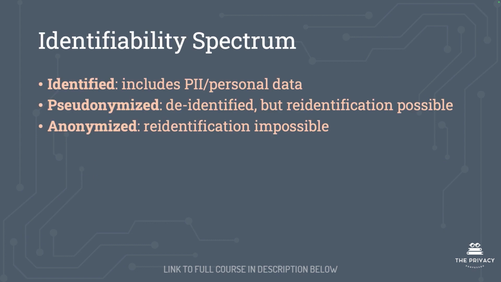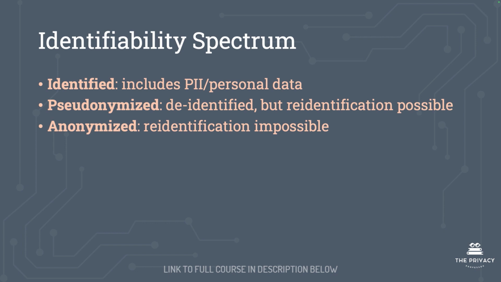In previous lectures, we've talked about the identifiability spectrum, and 3 points on that spectrum would be identified, pseudonymized, and anonymized. At the far end of the spectrum would be identified data. This is data that includes PII or personal data.